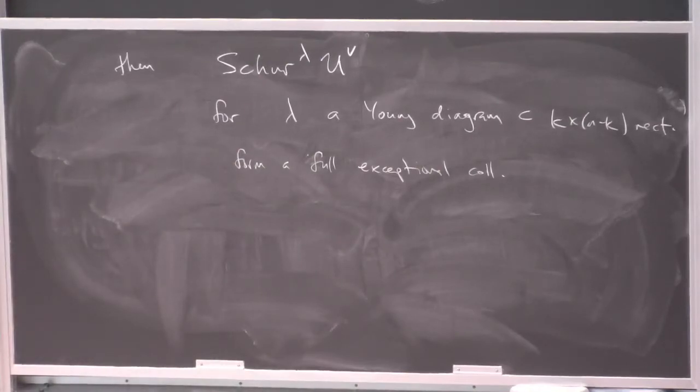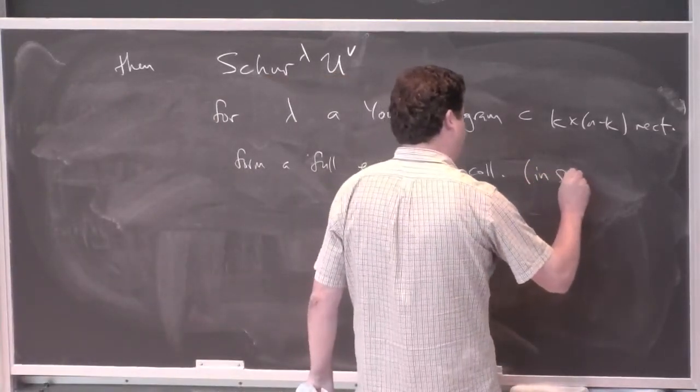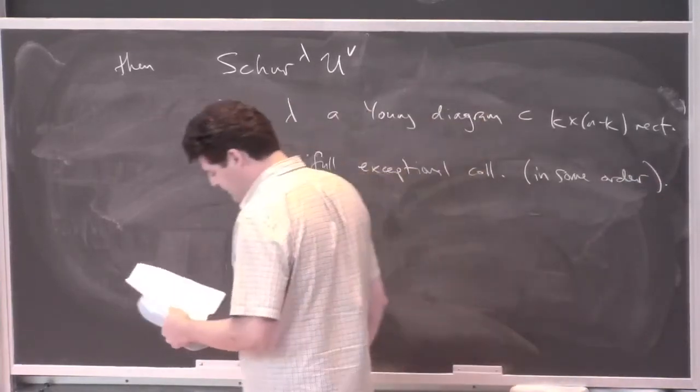Yes? So the definition of exceptional collection depends also on an order. Yeah, so there is some order that you can put these things in. So that, yeah, I agree. Yeah, no, that's a good point.